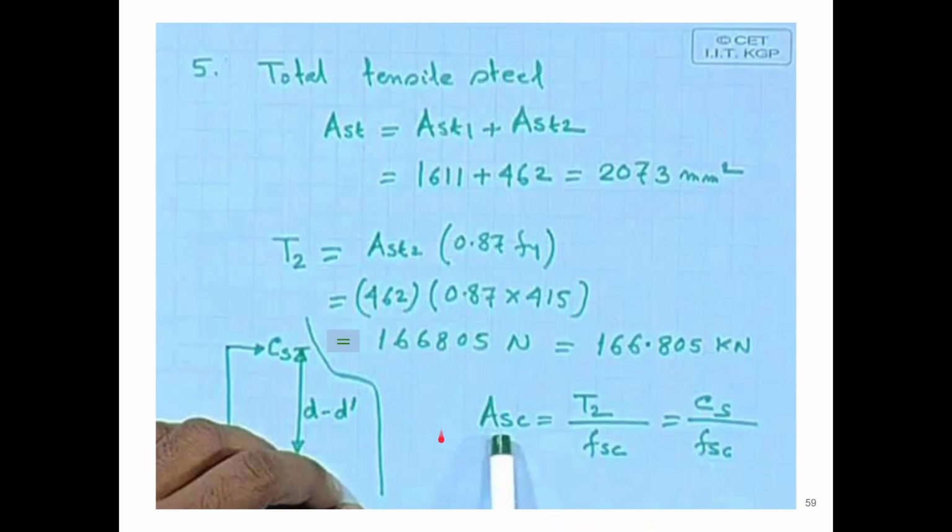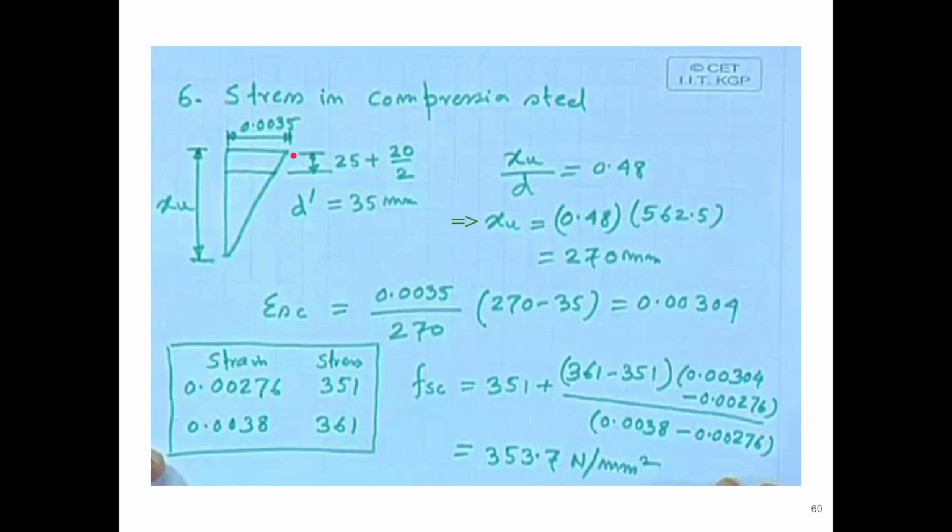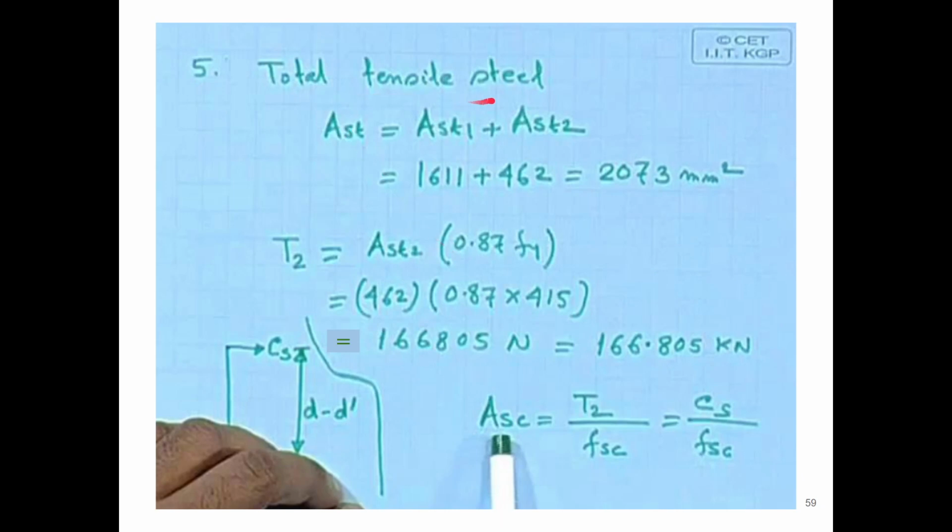And ASC is equal to T2 by FSC, equal to CS by FSC. So that is nothing but ASC into FSC equal to 0.87 Fy into AST2, as we just discussed earlier. So we have designed the amount of tensile steel that is required, that is 2073 millimeters square.